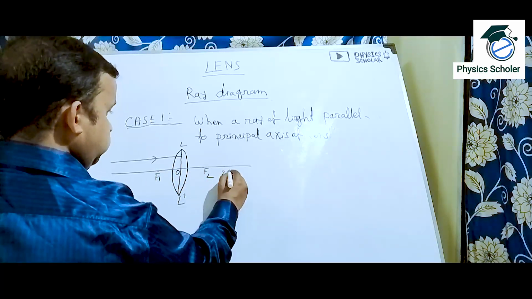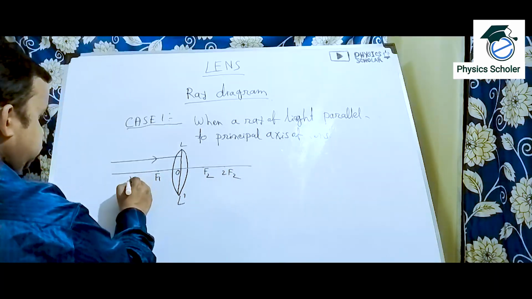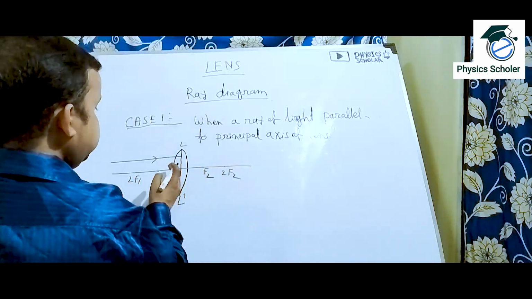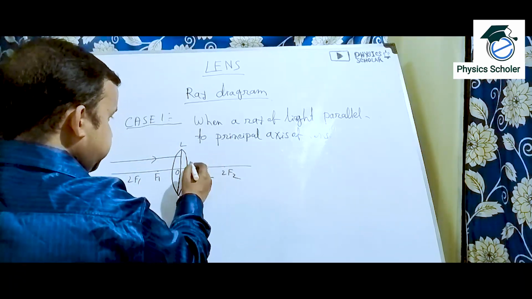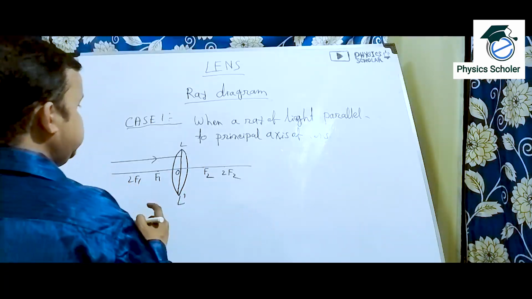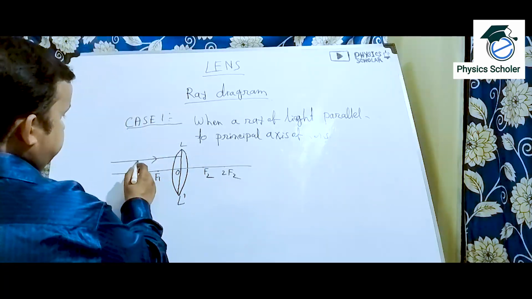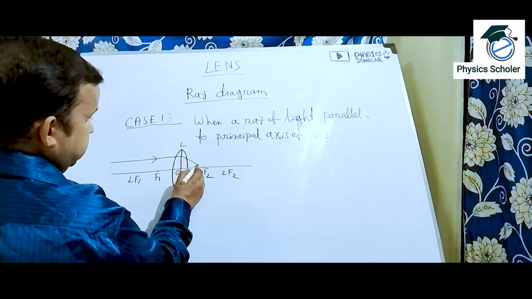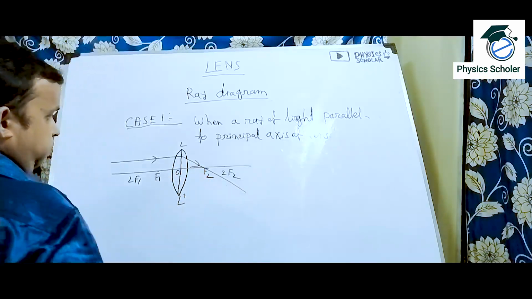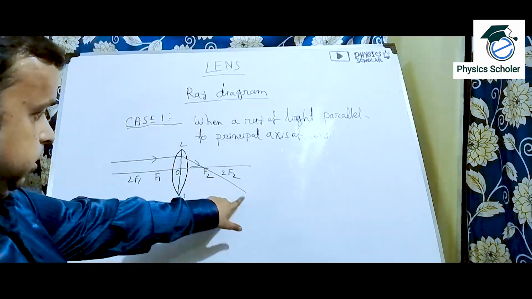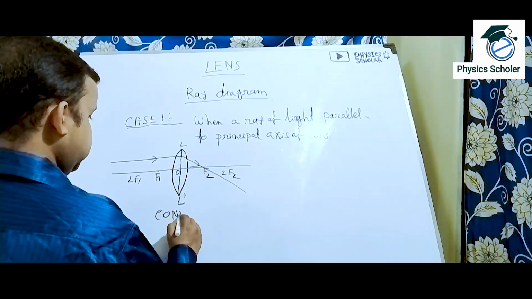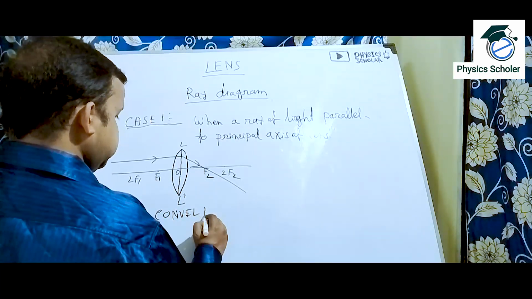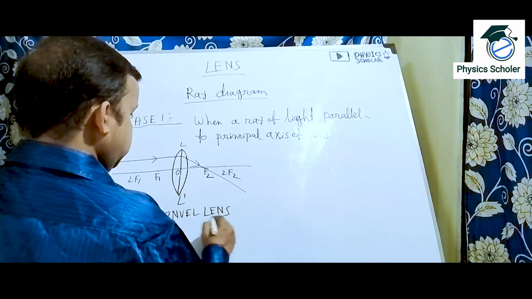This is 2F2 and this is 2F1, meaning double focal length. If the light is coming from this direction, then this will be the focal point. So if a ray is parallel to the principal axis, then after getting refracted, the ray will pass through the principal focus. So it is for the convex lens.